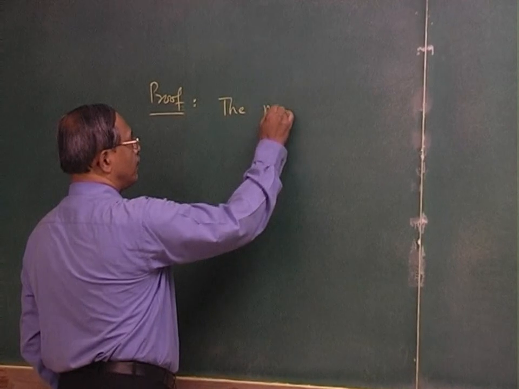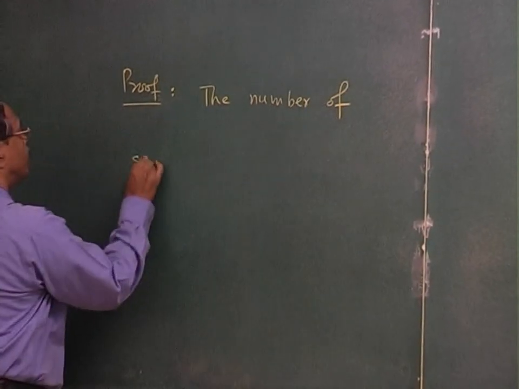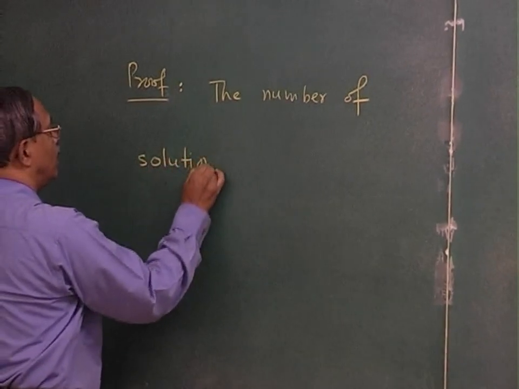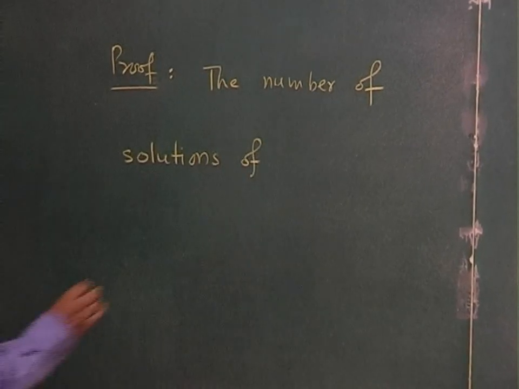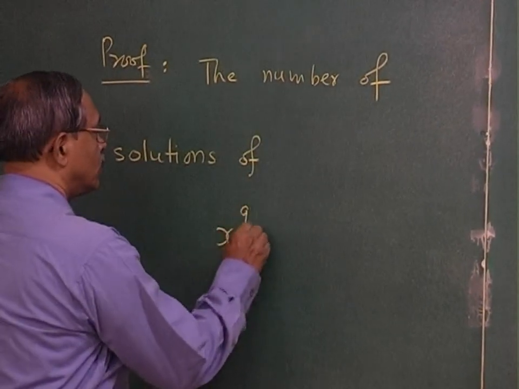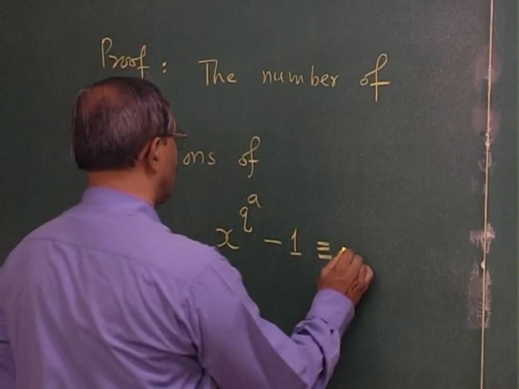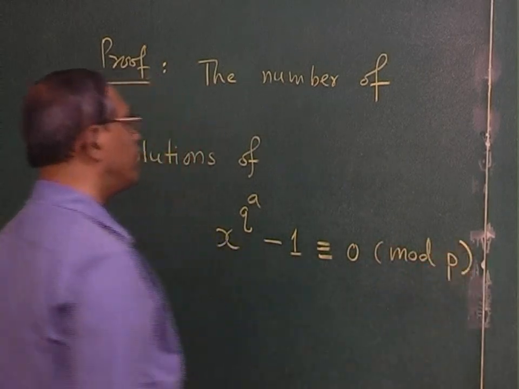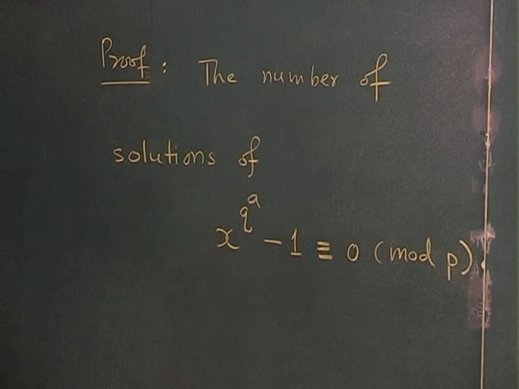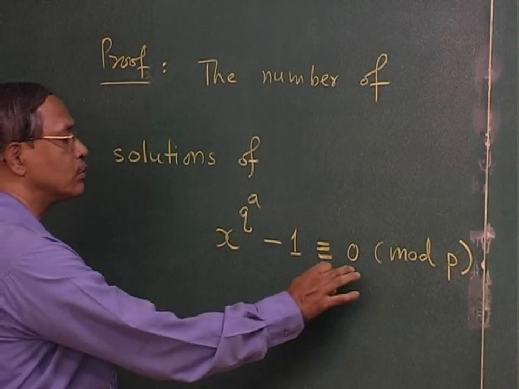The number of solutions of x raised to q raised to a minus 1 congruent to 0 mod p. Consider this d, x raised to d minus 1 congruent to 0 mod p.